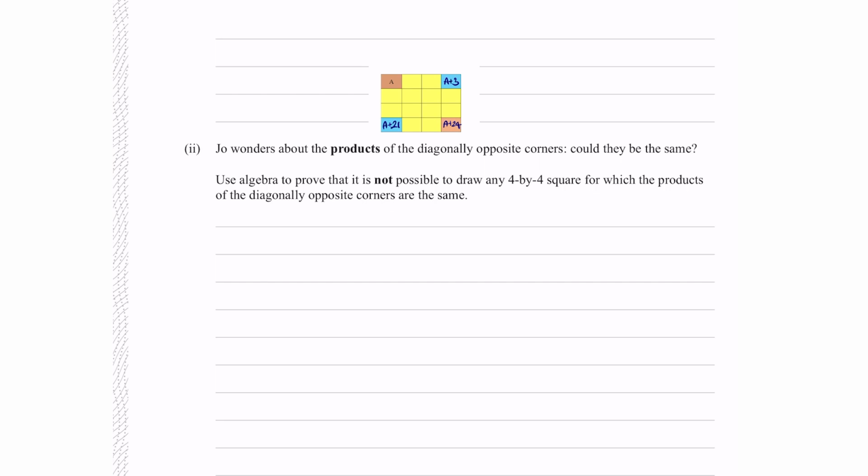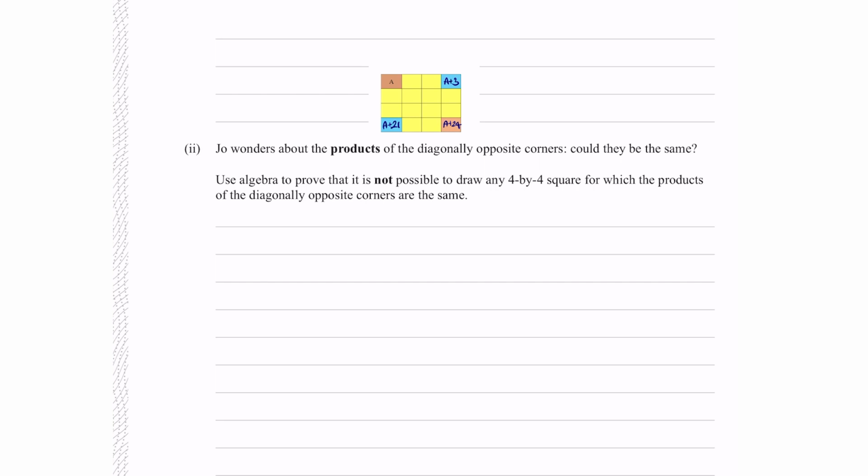We're going to assume that it is possible that the products of the diagonally opposite corners are the same. When we reach a contradiction, that's going to mean that the statement we assumed is false and the opposite of that is going to be true.